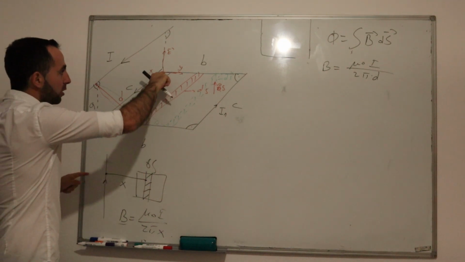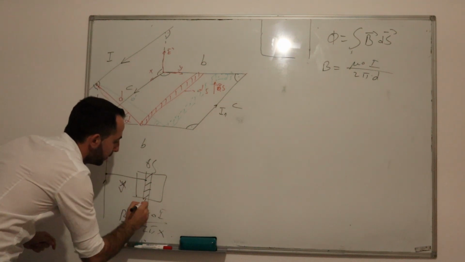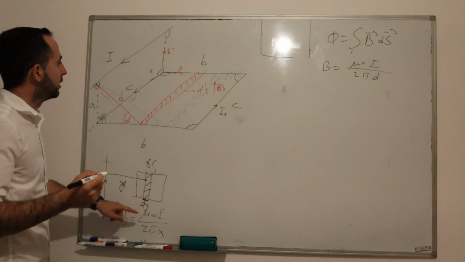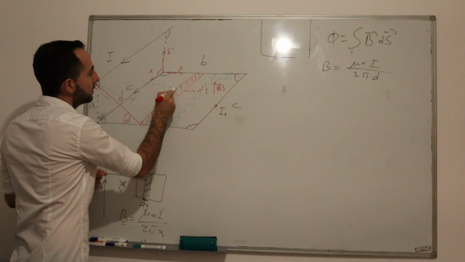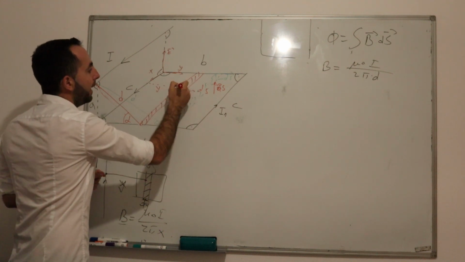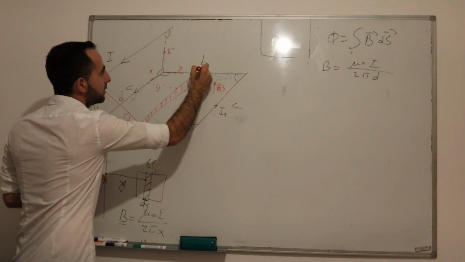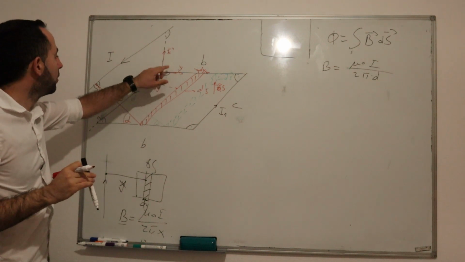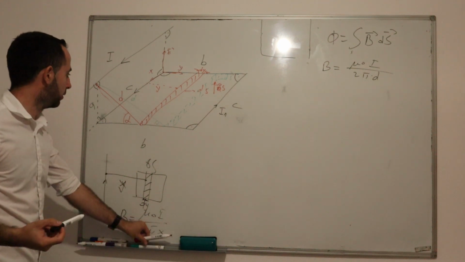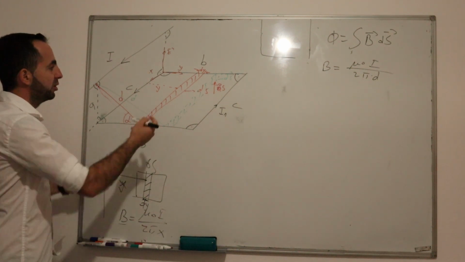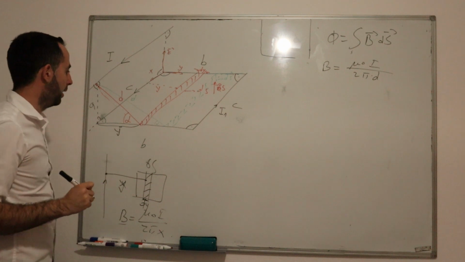So this is actually y, which means this infinitely small part will be dy. This distance from the coordinate system is y, and this infinitely small part is dy, because now y is the variable. We will write everything as a function of y.